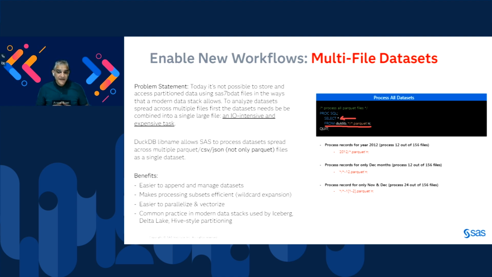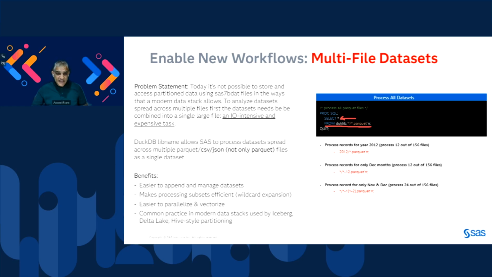In this example, I have 12 years of the New York taxi dataset, which is 156 files, one file per month. If I wanted to analyze just one year, in a previous incarnation I would have had to create a single file consisting of all of those individual files before I could perform my analysis, which is a heavy operation, both from an IO perspective as well as from a compute perspective.